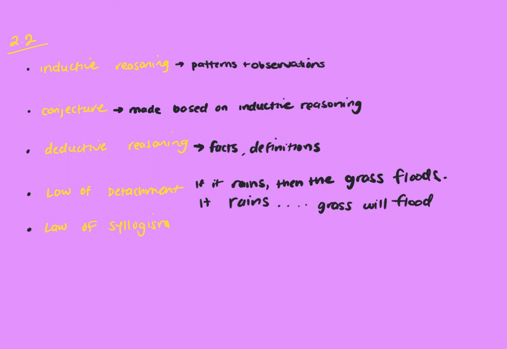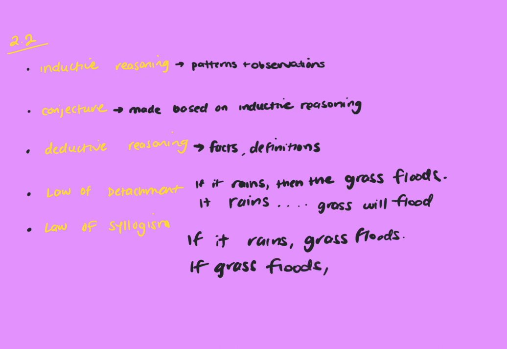The law of syllogism has two if-then statements. If it rains, grass floods. If grass floods, I'm going to say that we ruin our shoes.